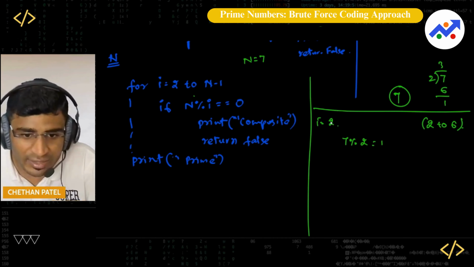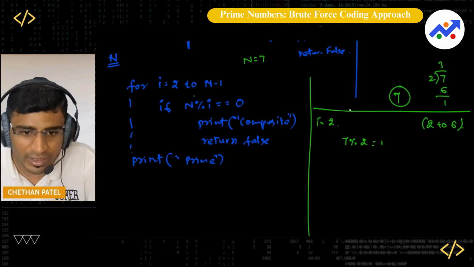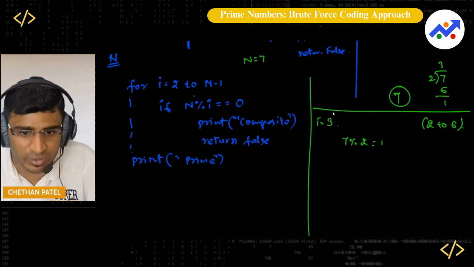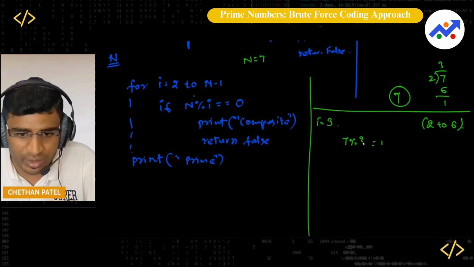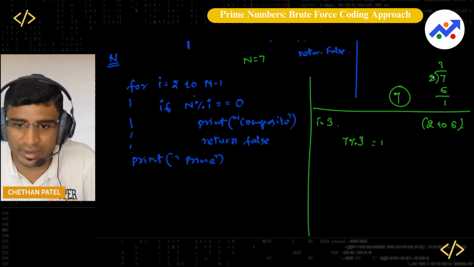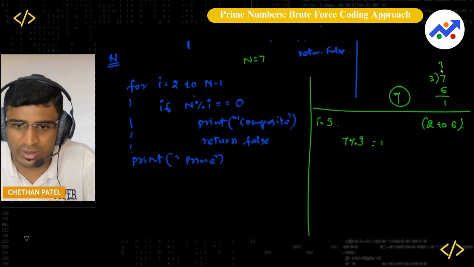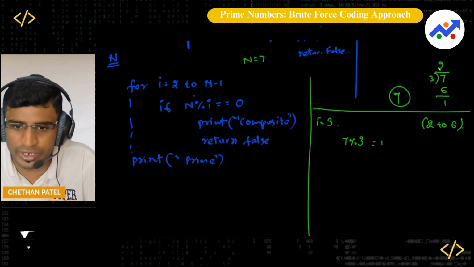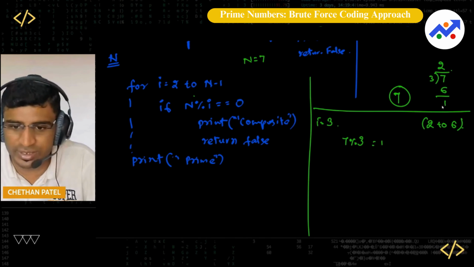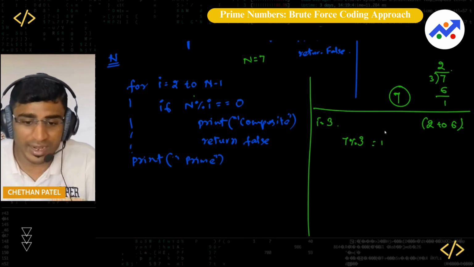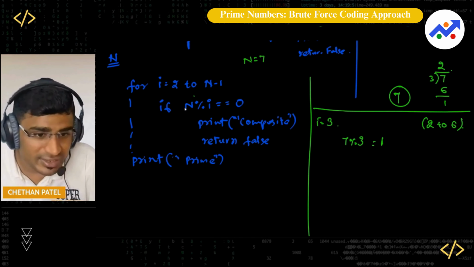This time, because we are running a for loop, i becomes 3 now, and we need to check with 3. 7 % 3: 3 twos are 6, and I'm getting 1 as the remainder. So again this condition is not true.